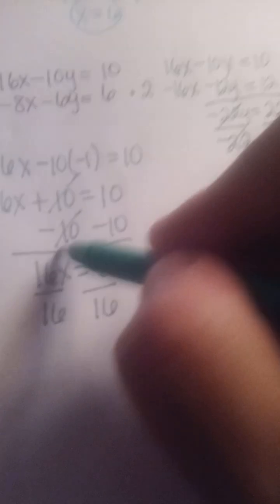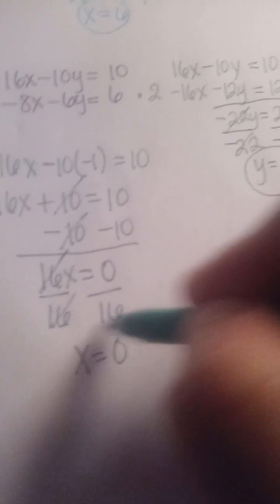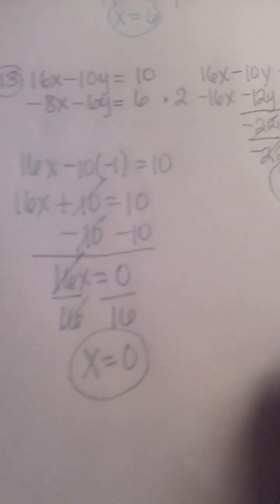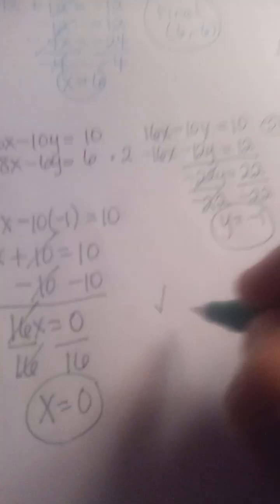Cross out the x's on the left side. Bring down the x right here. We have 0 divided by 16 is 0. Now we go double check our work. I use the second equation.